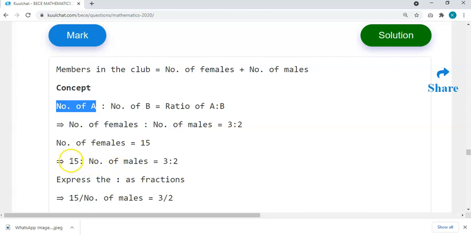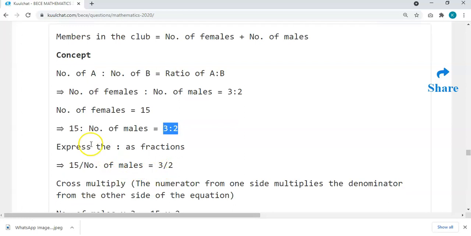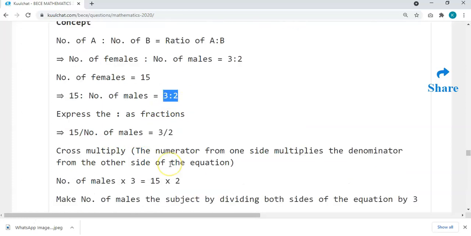So now you can express them in fractions. You have 15 over number of males is equal to 3 over 2. Then you cross multiply. So the top will multiply the down, and the top over here will multiply the down over here.